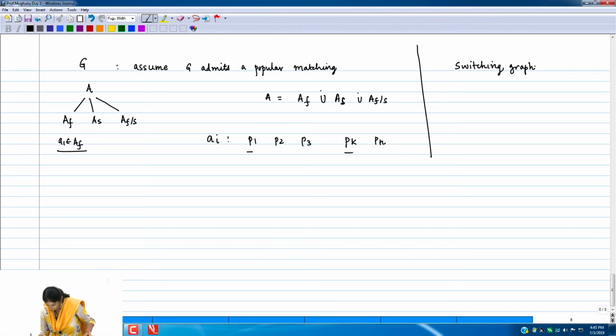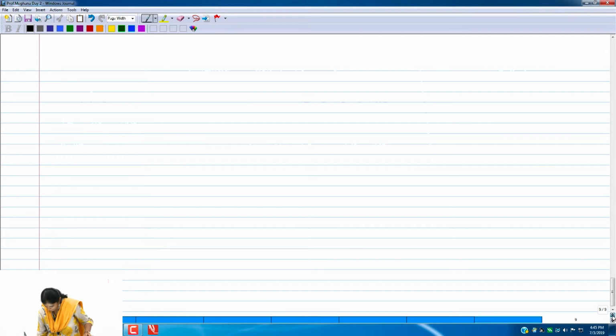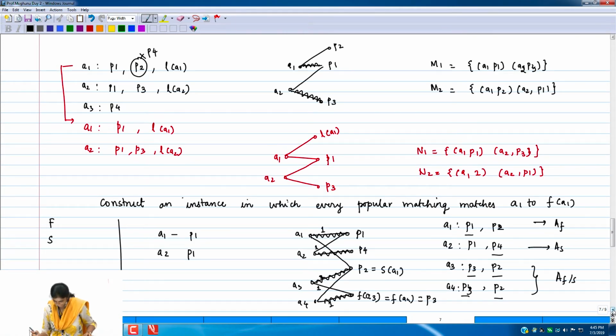So I'll go back to the example. So how do you copy? This one is it?